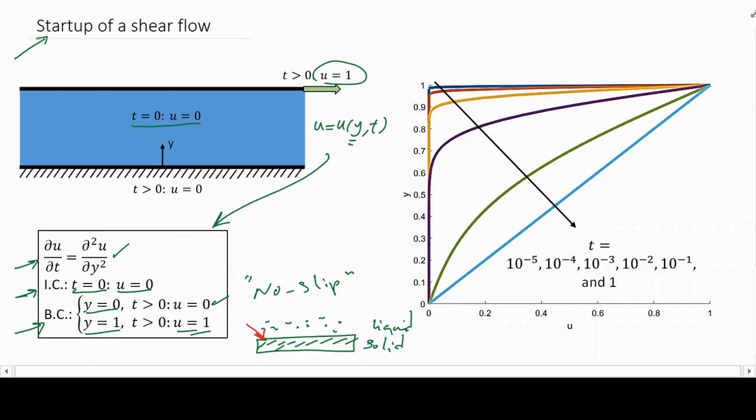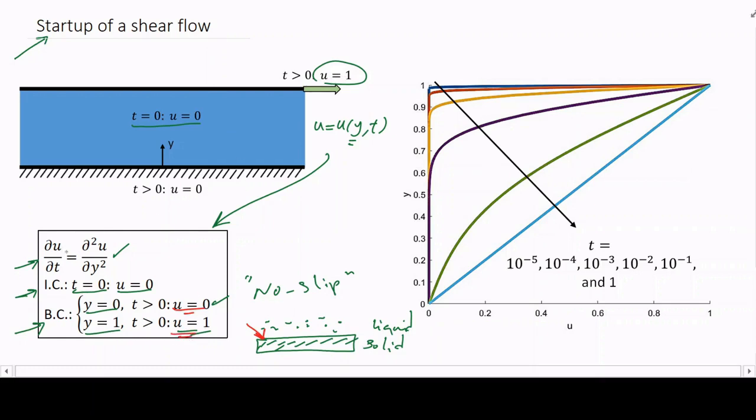That's why, for example, for the lower plate, where we have a stationary plate, we consider the liquid speed to also be 0. But for the upper plate, where the speed of the plate is 1, we then consider the speed of the liquid to also be the same, 1.